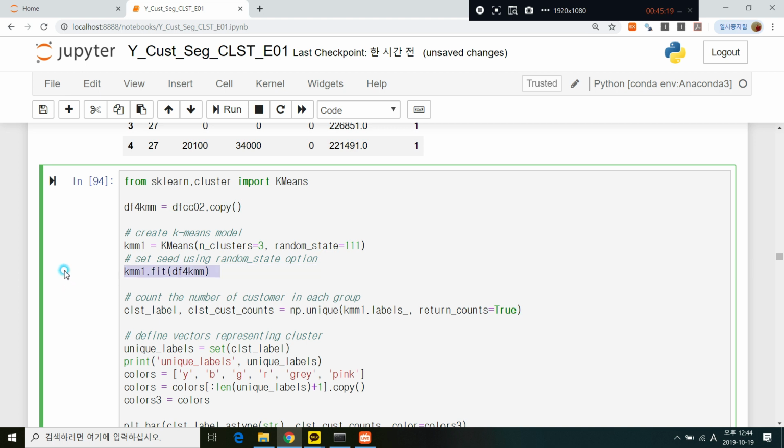We trained the model, so KMM1 has an instance, the model's instance. Then this is a model.